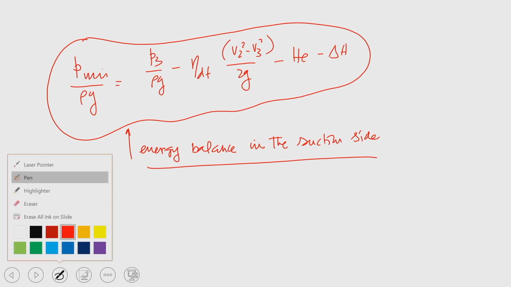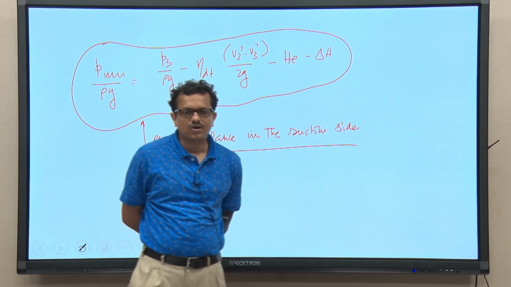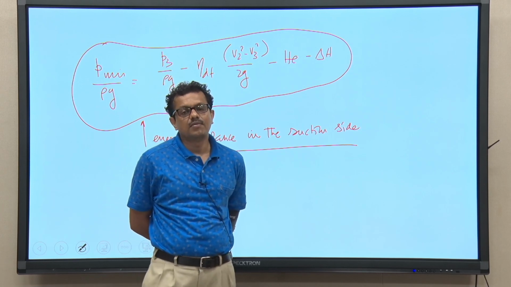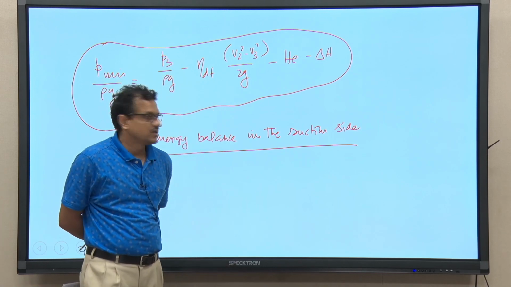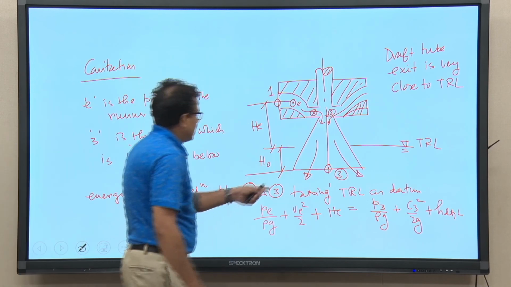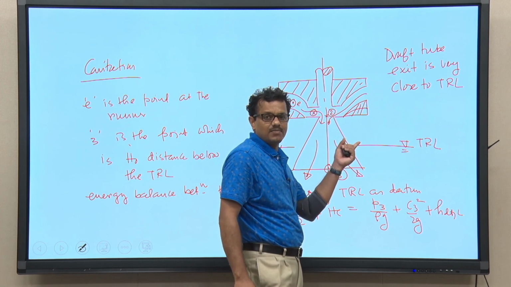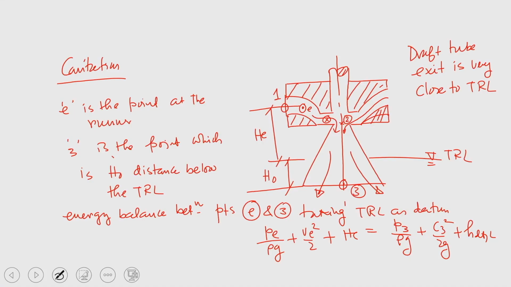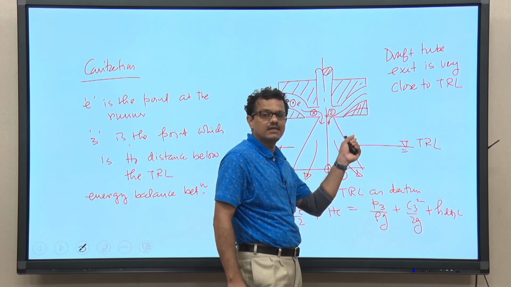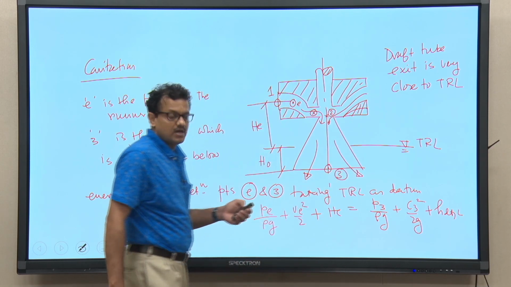From this discussion, we can also see when and where cavitation will occur. Try to understand that this P3, point 3, is taken h naught distance below the TRL, but this point is very close to the TRL. So, the pressure at point 3 can be taken as the atmospheric pressure, P atm.